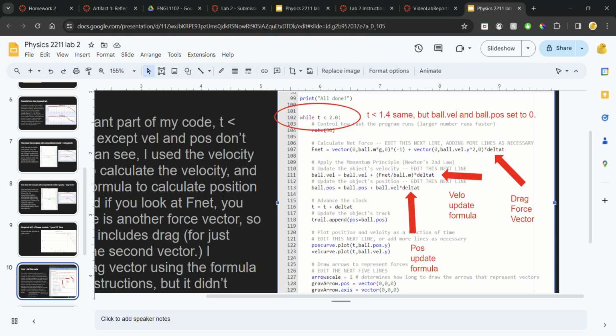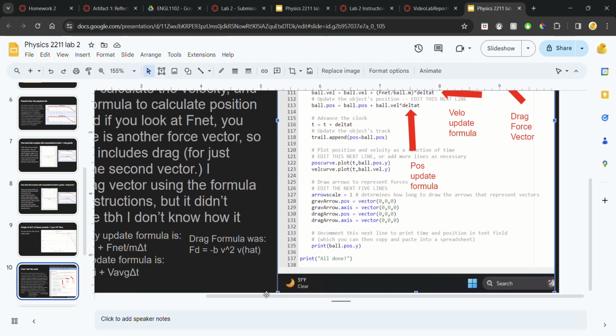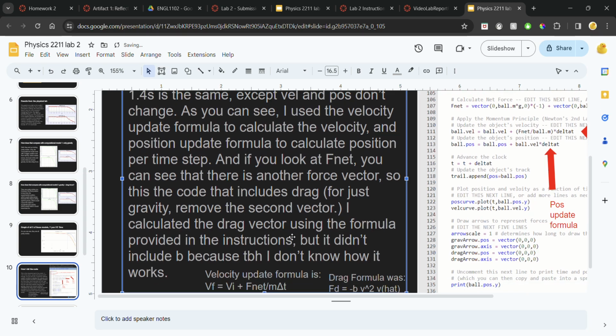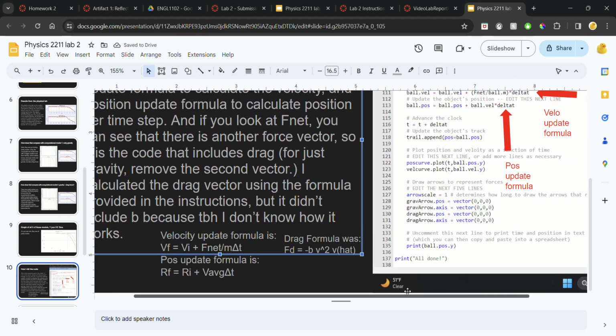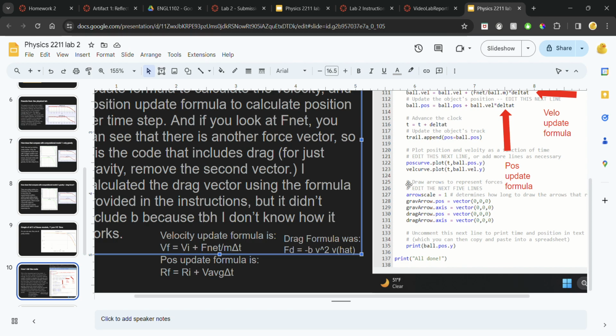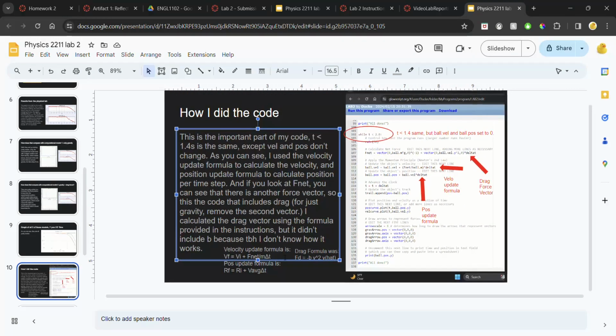For just normal, I would just comment this part out. For the velocity update formula, I used this, and for the position update right here, I used this formula. But I actually used V final instead of V average because I don't know how to make V average.